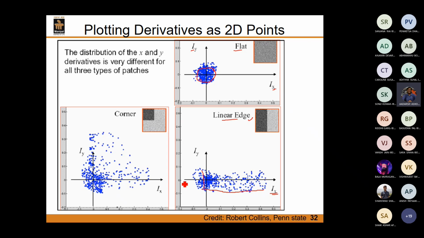All three regions have a different appearance of the distribution of the gradient points, right? So we can make use of this difference in the distribution pattern in order to estimate which region has the presence of a corner.